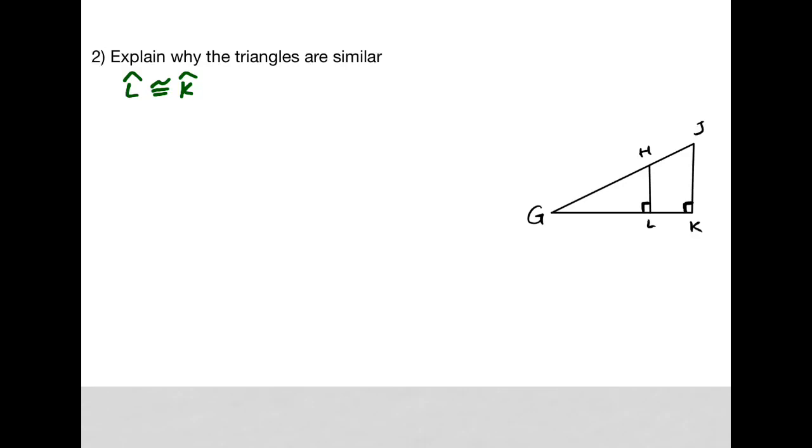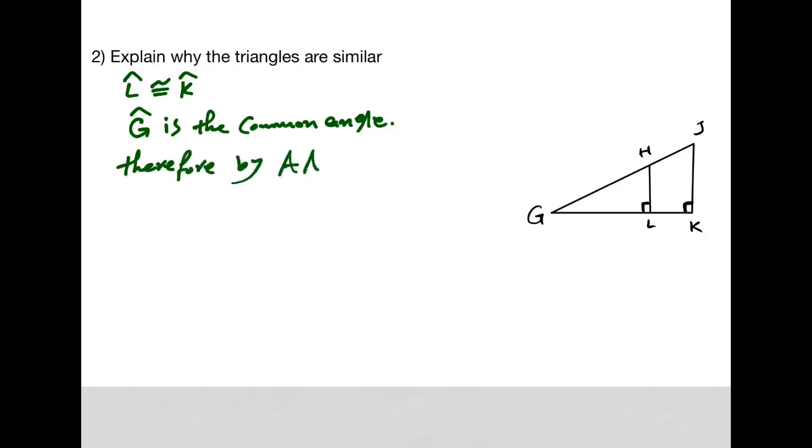And that's it. I found the other one. Angle G is the common angle for both triangles. So therefore, by AA, triangle GHL is similar to triangle GJK.